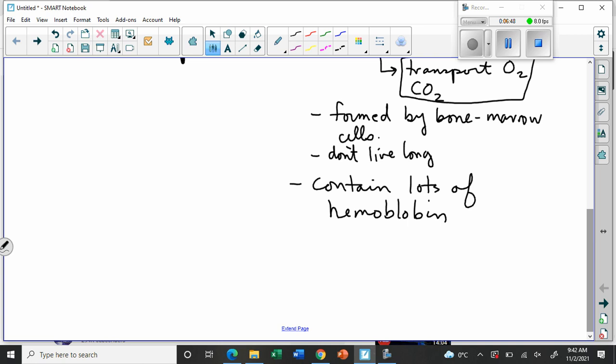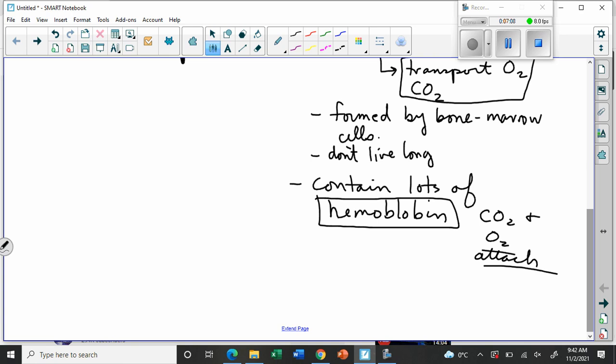Hemoglobin. You'll sometimes see this with an A in it, but we won't worry about that. Hemoglobin, which is a complex molecule that allows the CO2 and O2 to attach to this molecule. Okay? They can attach to this molecule.